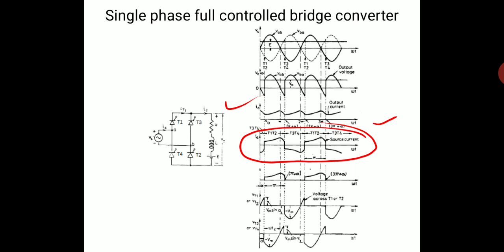In simpler words, you can say that when supply is positive, the positive portion of supply current is the thyristor T1 T2 current, and the negative portion of supply current is the thyristor T3 T4 current.